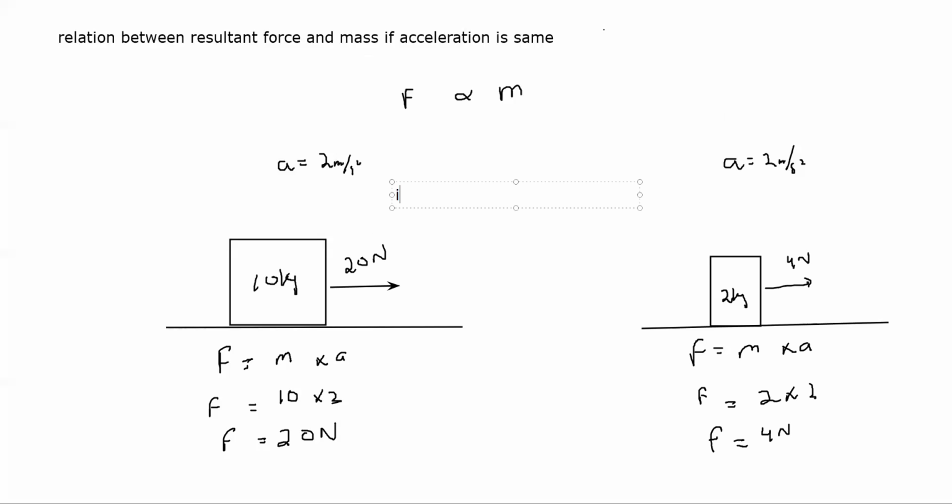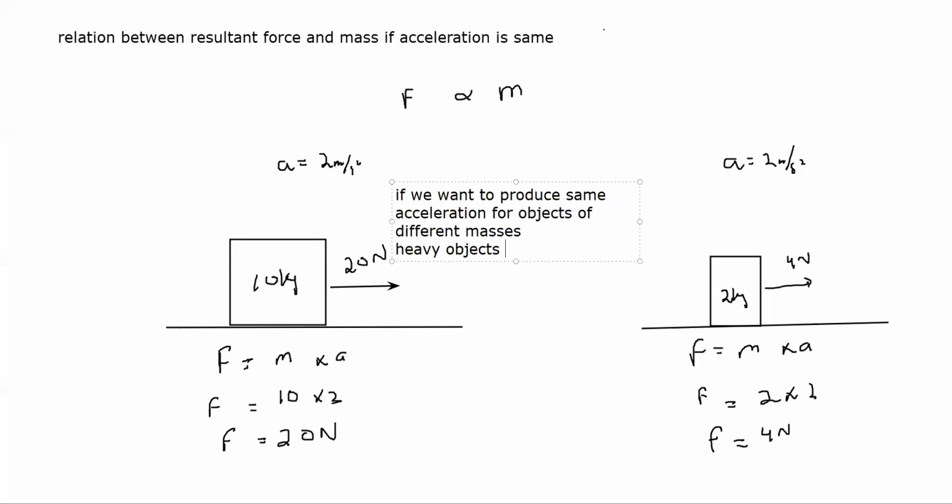So if you want to produce same acceleration for objects of different masses, heavy objects require greater resultant force compared to lighter objects.